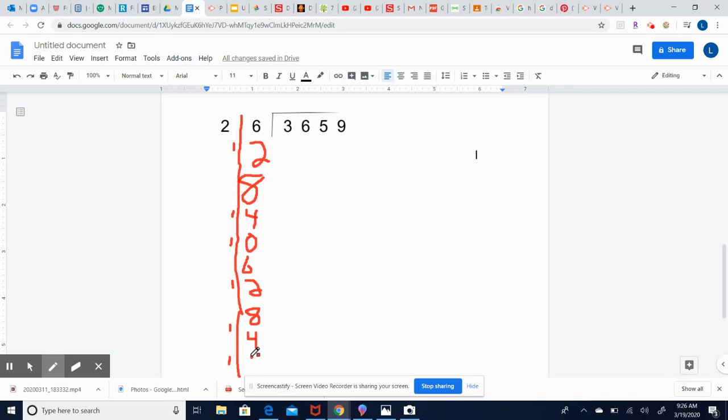And now notice, once we put this 1 over here, we're just looking at the number as a 1. So 6 plus 2 is 8. 8 plus 6 is 14, but then 4 plus 6 is 10.